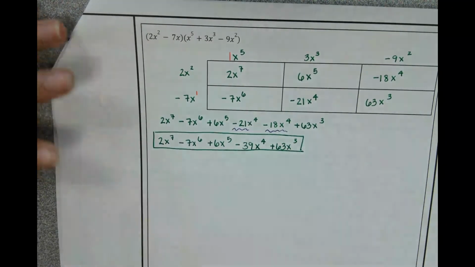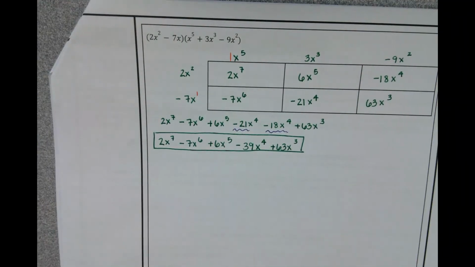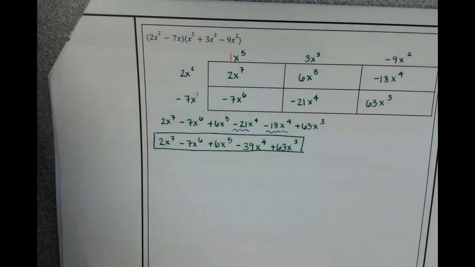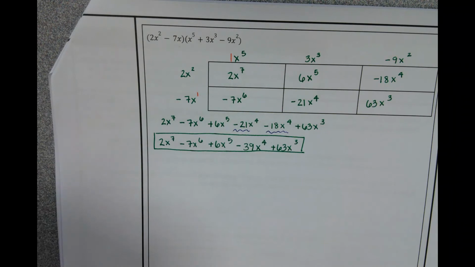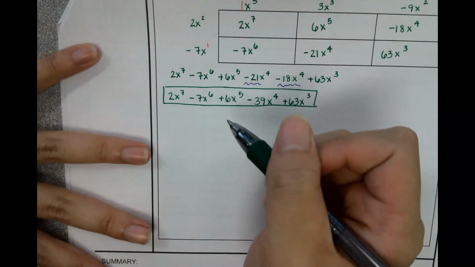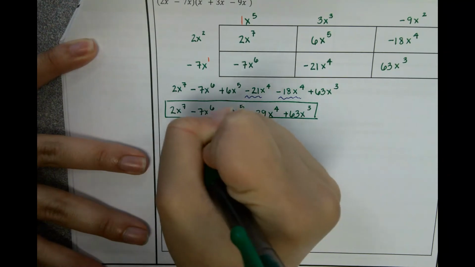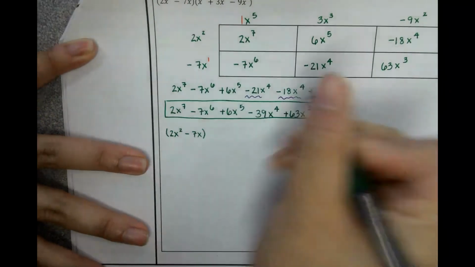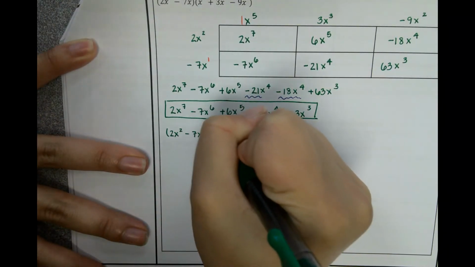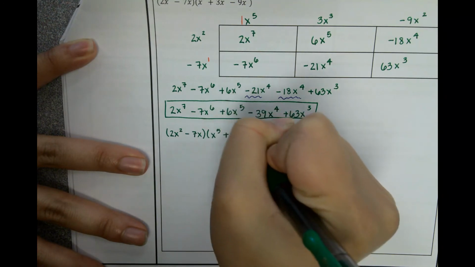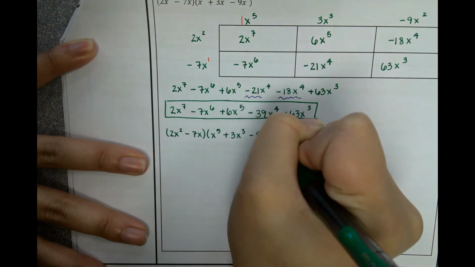So this is using the box method, and then I'm going to do it one more time using my distributive method, which is the way that I prefer. So I'm going to rewrite the problem again just to help us. It was 2x squared minus 7x, multiplied by x to the 5th plus 3x to the 3rd minus 9x squared.